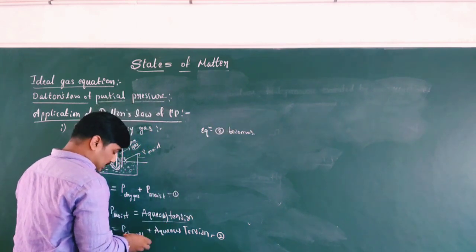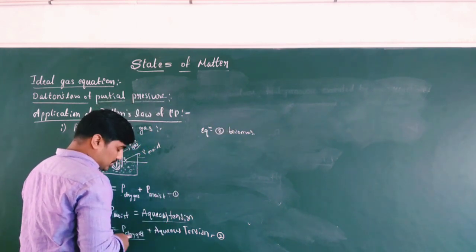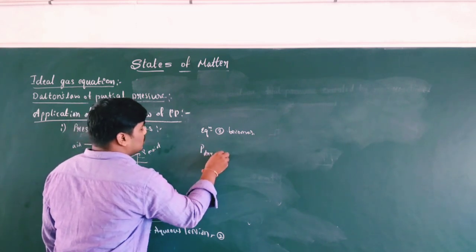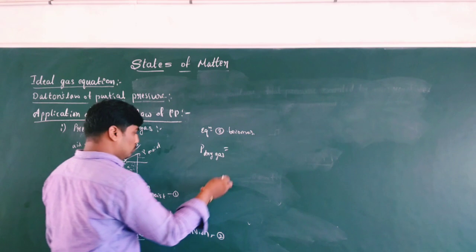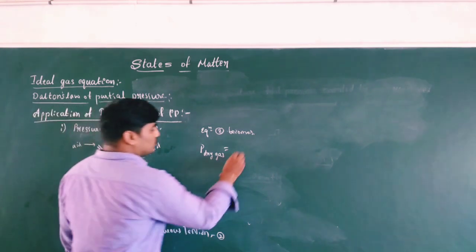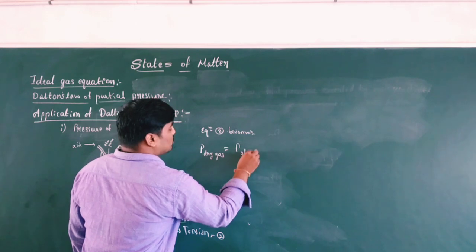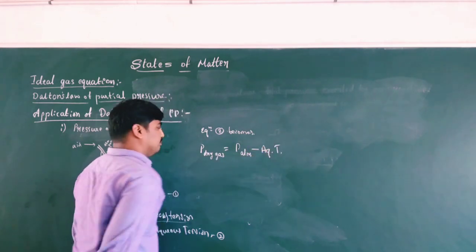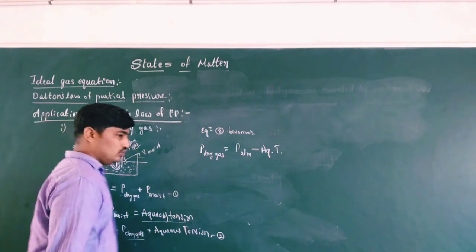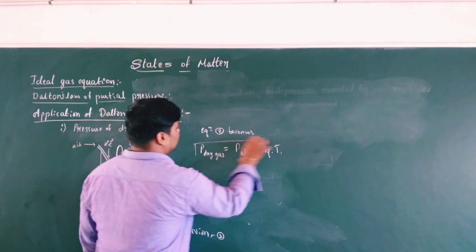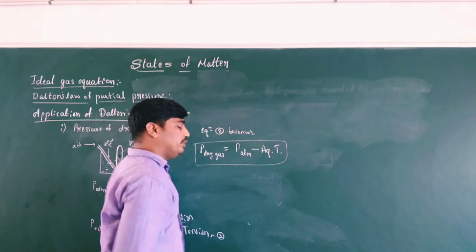The needed thing is the pressure of dry gas. Therefore pressure of dry gas is equal to atmospheric pressure minus aqueous tension. Minus, why? It goes to the left side, then it becomes minus. So this is the equation to calculate the pressure of dry gas.